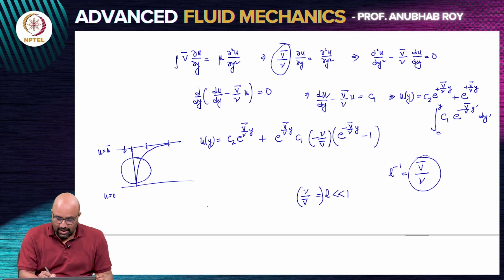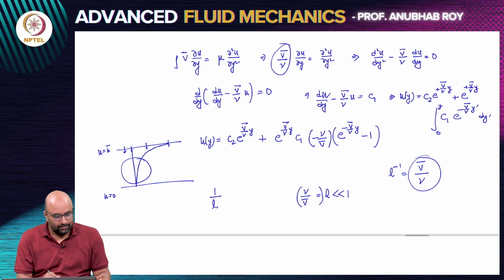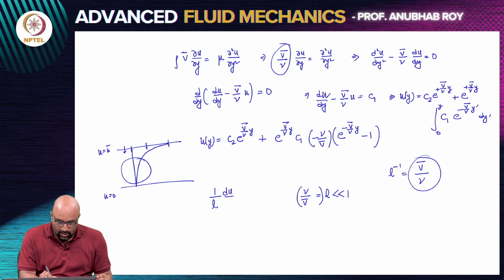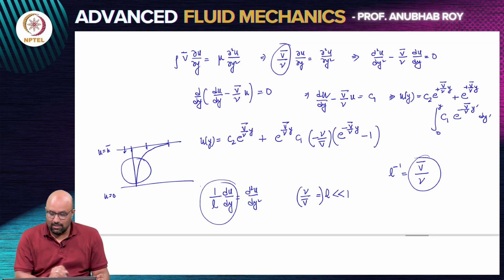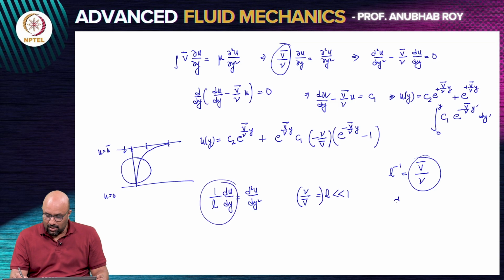This particular equation I could write down as 1 by L du/dy is equal to d square u/dy square. So if I have a very small value of L, then I will have this term du/dy dominating over L d square u/dy square.